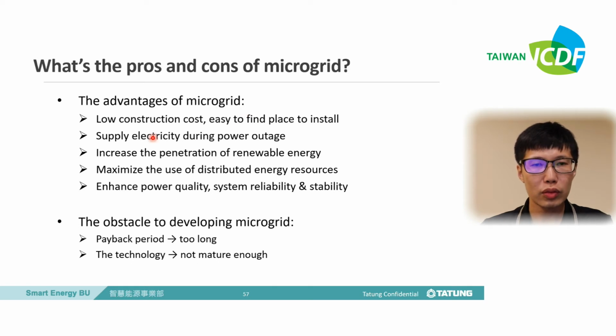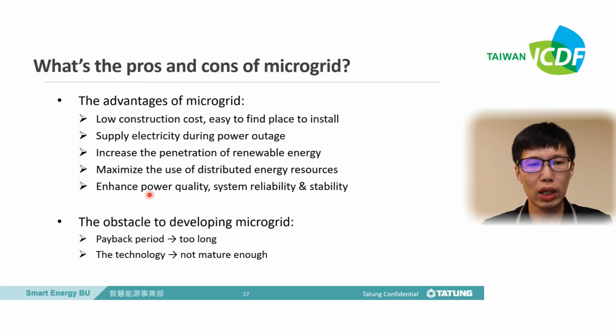And the second one is the microgrid can supply electricity to the load during a power outage, and it can also help in increasing the penetration of renewable energy, and it can maximize the use of distributed energy resources, for example, the ESS or diesel generator or other green energies.